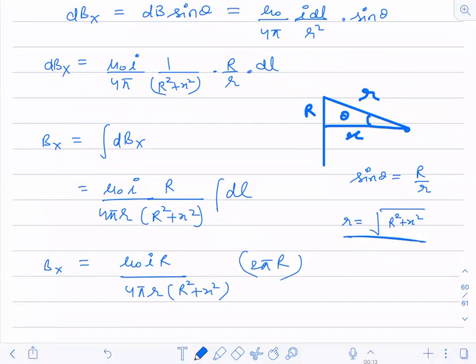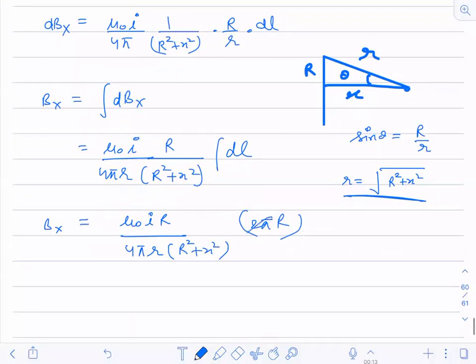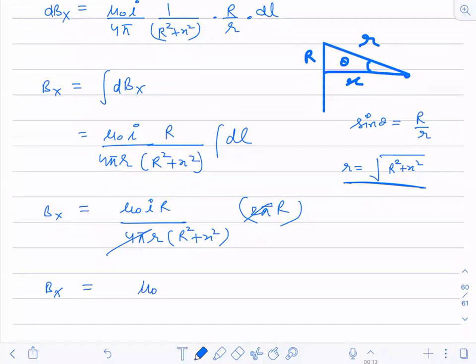Is it clear to everyone? Yes. Now 2 pi here and 4 pi here, I will cancel them out. R is already written there. So Bx will become mu naught I into R square divided by 2, into R square plus x square, into root of R square plus x square.